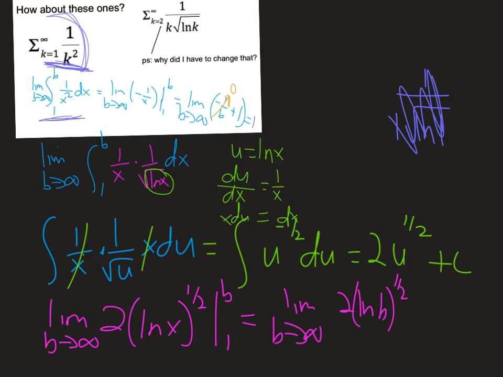The natural log of b keeps growing. If I raise it to the 1/2, which means square root, the square root of the natural log is going to keep growing, but super slowly. But it's still going to keep growing. If I plug in like 49 billion, that's still going to keep getting bigger.